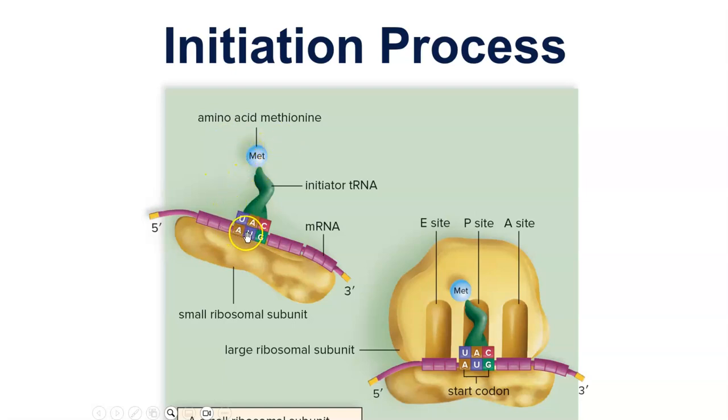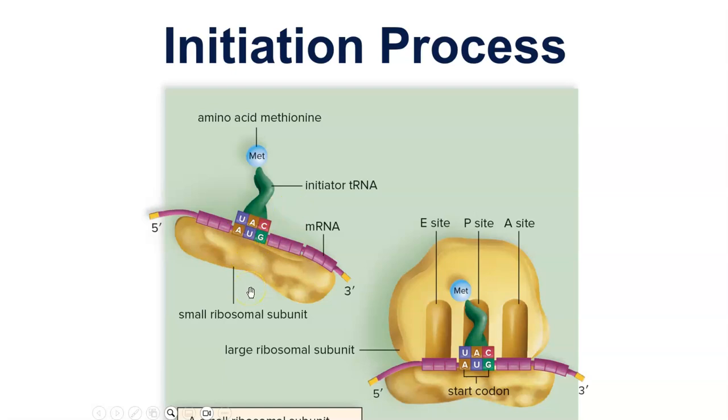The codon is AUG. So the transfer RNA brings methionine to that spot because the transfer RNA contains an anticodon, UAC, that is complementary to the messenger RNA codon. So that's how it knows exactly where to attach.